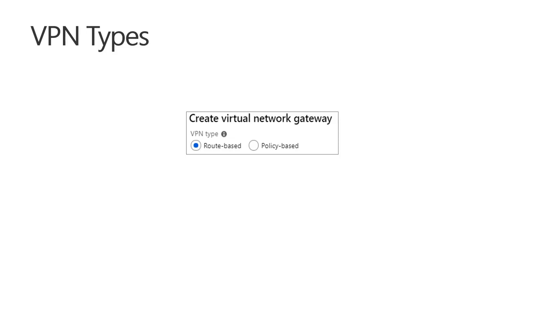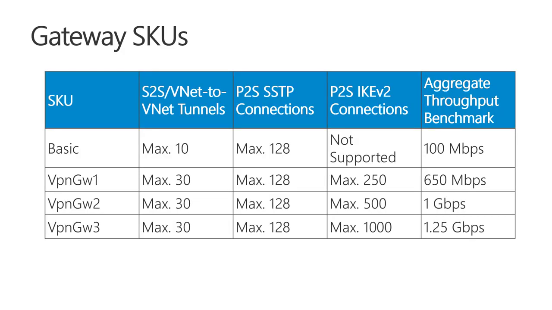Route-based VPNs use routes in the IP forwarding or routing table to direct packets into their corresponding tunnel interface. The tunnel interface then encrypts or decrypts the packets in and out of the tunnels. The policy for route-based VPNs is configured as any to any. When you create a virtual network gateway, you need to specify the gateway SKU that you want to use.